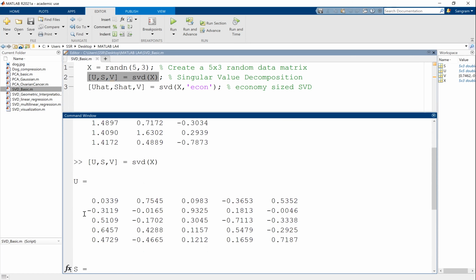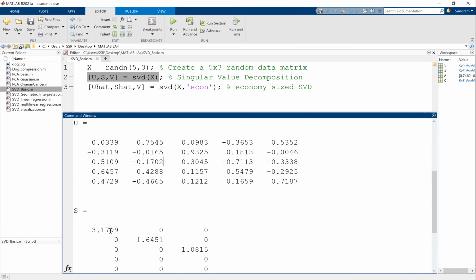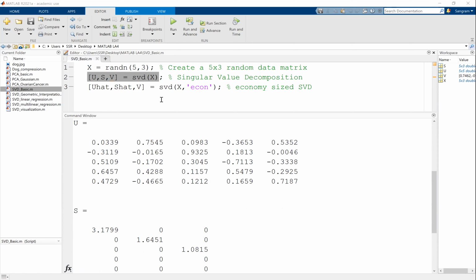Since U is a square matrix, there are 5 singular values, by the way. Actually, we'll talk about it in just a second. First and foremost, I want you to understand this U matrix is a square matrix that can be inverted.